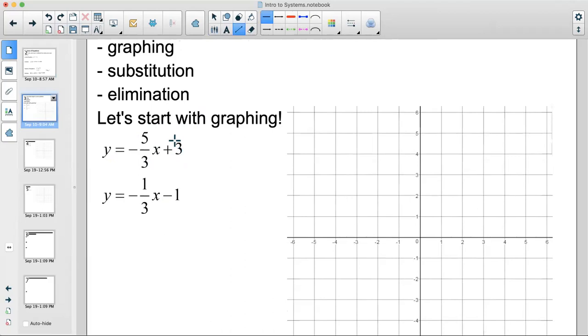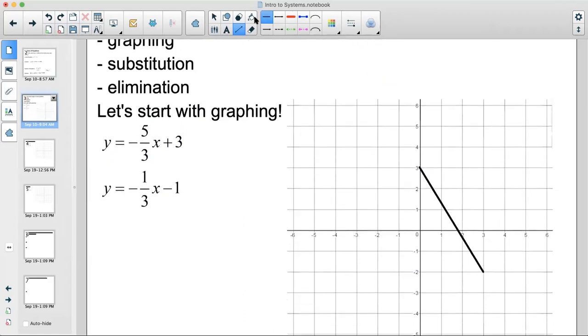This one has a y-intercept of 3 and a slope of -5/3. So it starts at 3 and goes down 5 and over 3. Rise over run.